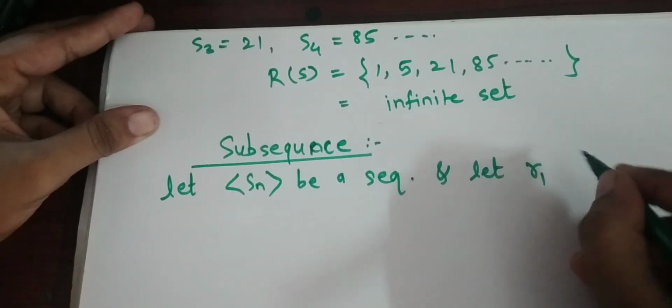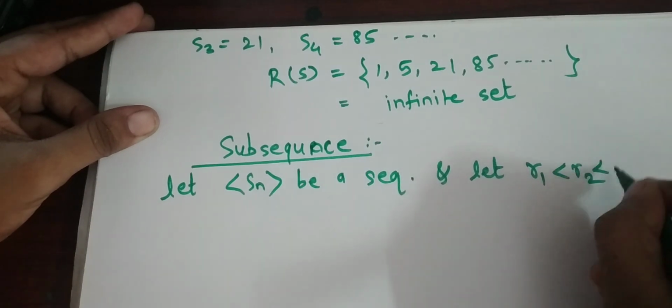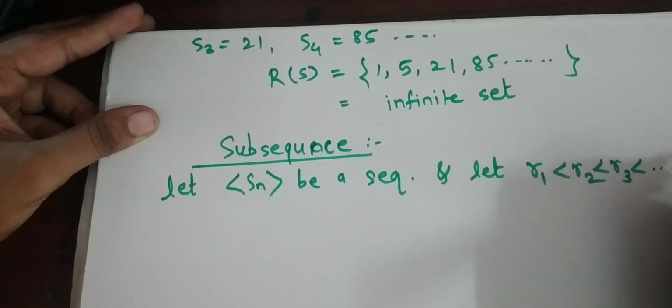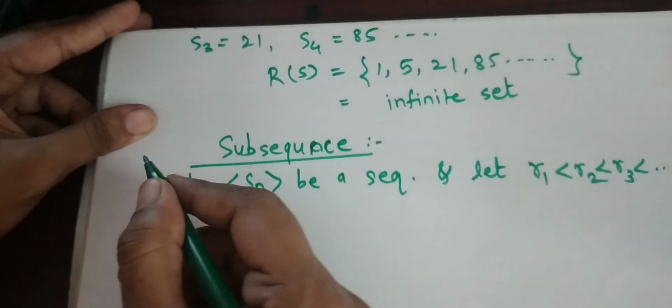R1 less than R2 less than R3, which means the sequence of R is a strictly increasing sequence of natural numbers.